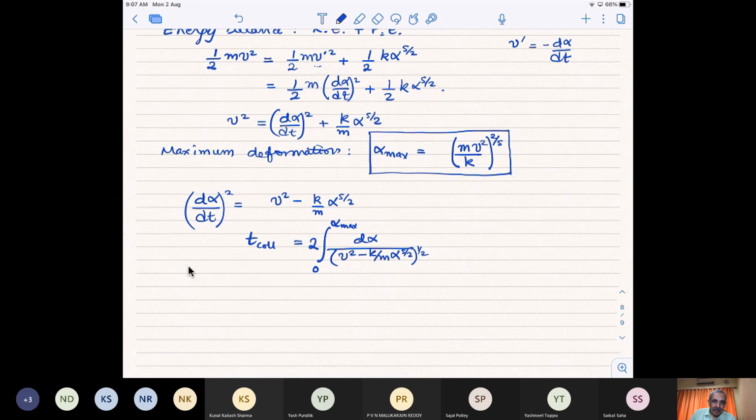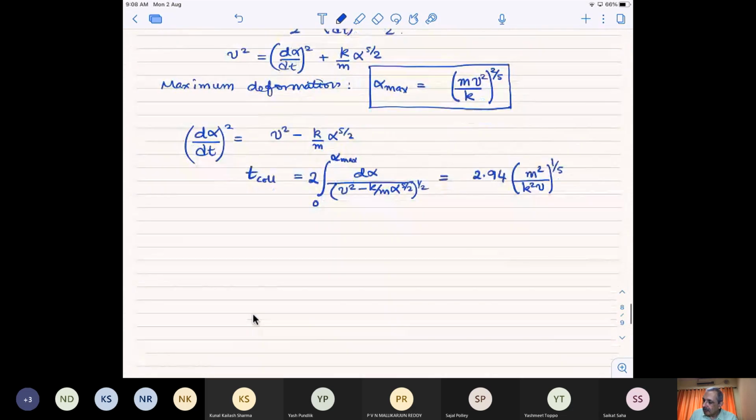This is an integral that can be done, and it just turns out to be equal to 2.94 into m squared by k squared by v raised to the power of 1 by 5. Okay, so this is the collision time.